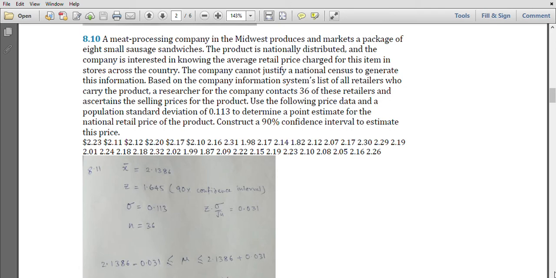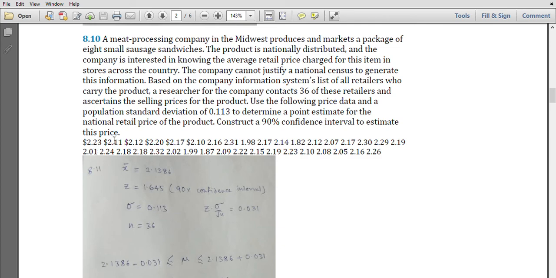Now, this is a slightly different problem statement, where we have a bunch of numbers given. What do we do with these? First of all, if you don't know how to calculate the standard deviation from a given list of numbers, please let me know in the comments. I can make one video for that. But for now, I will just quickly discuss how I have done this.